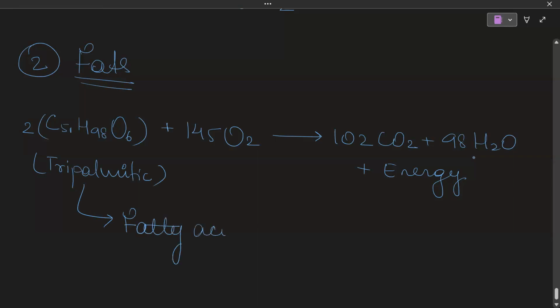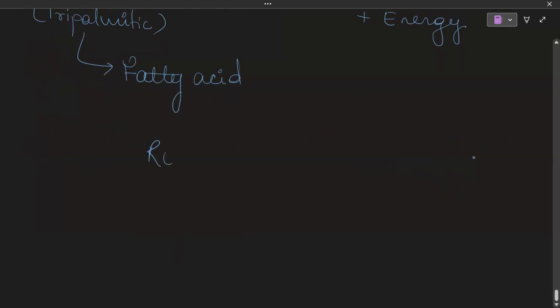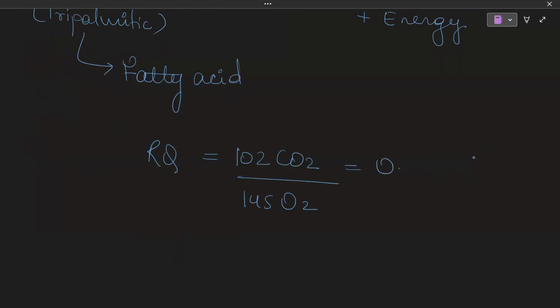So now if we try to find out the RQ, what will we write first? How many CO2 is made? 102, right? CO2 by 145 O2. If you divide it, you will get 0.7.